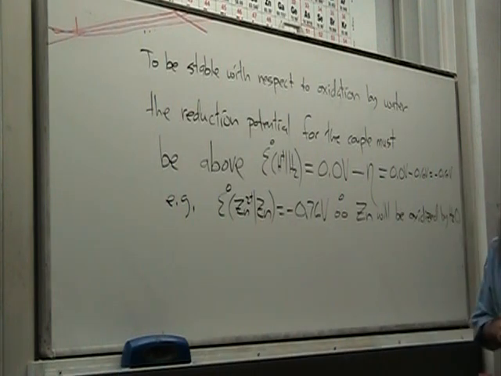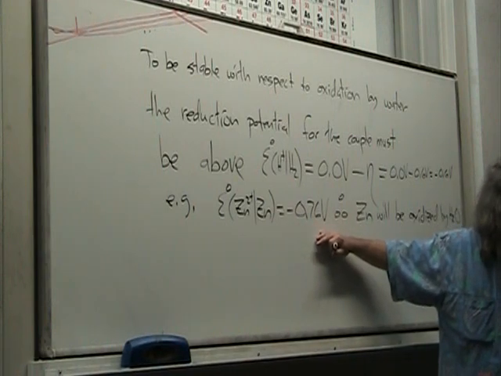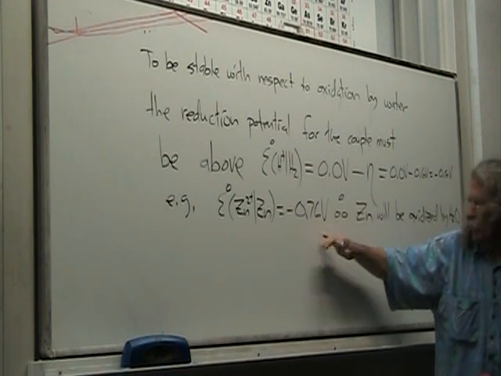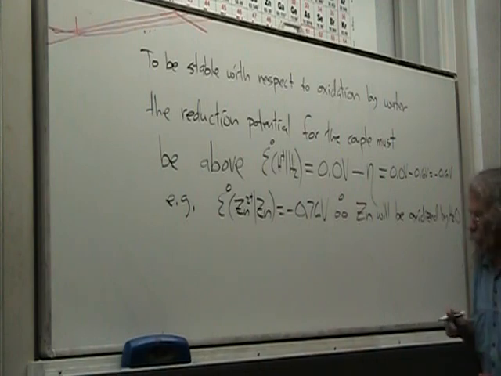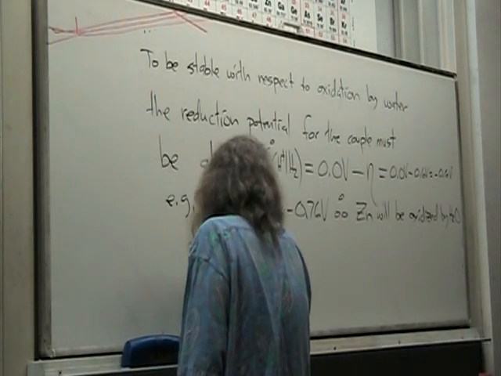Zinc has a reduction potential of minus 0.76 volts, so it will be oxidized by water, and this is under standard conditions.